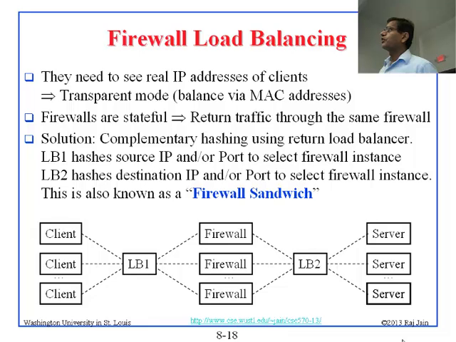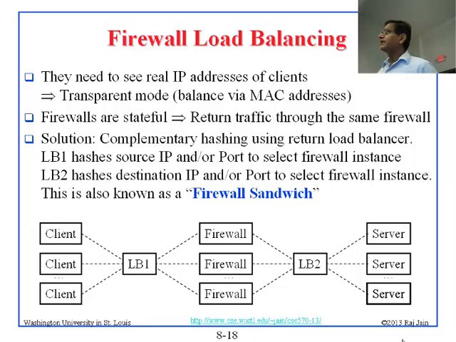So you need two load balancers. This one balances based upon something, and this one balances based upon something, same thing basically, so that returning traffic will go to the same firewall. So this one, for example, could do the destination port. Let's see. So this one could do source IP and source port, and while coming back, this will be destination IP and destination port.